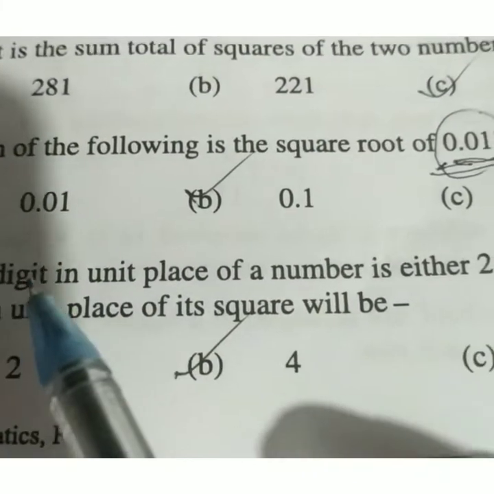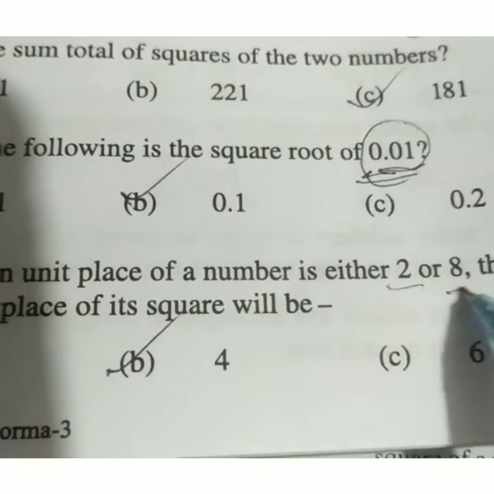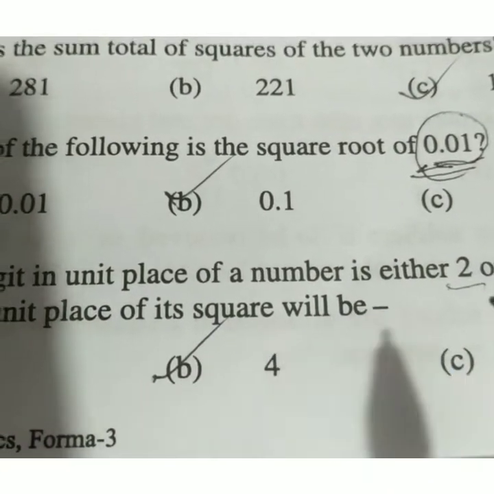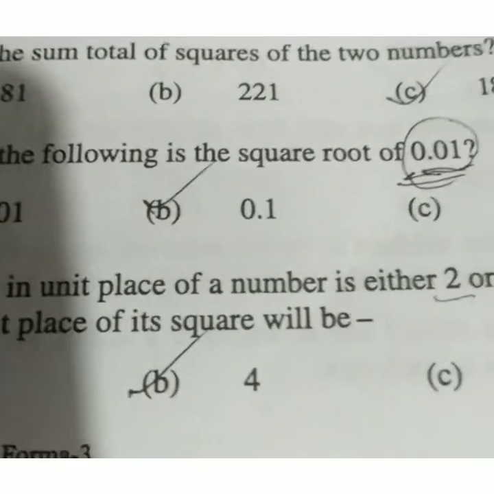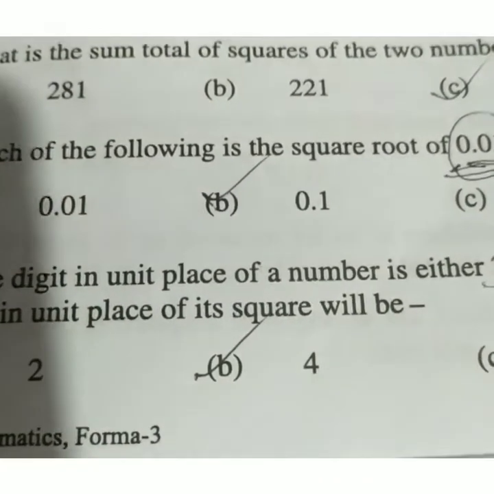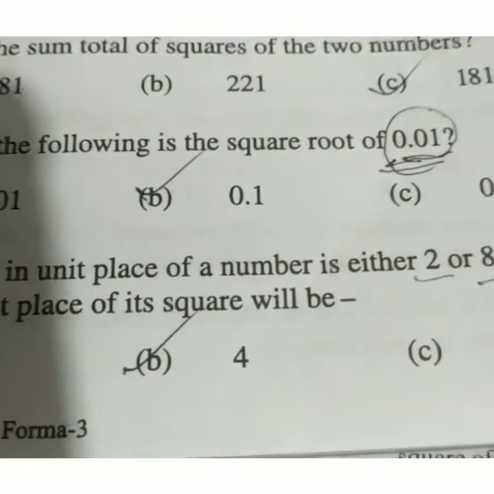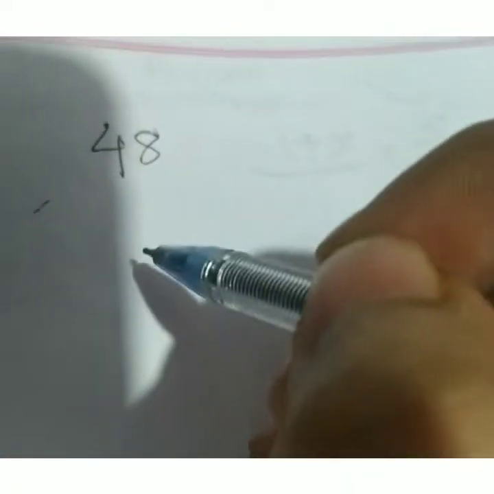Okay, next question is, if the digit in unit place of a number is either 2 or 8, the digit in unit place of its square will be what? This is actually a tricky question. First of all, we need to understand in a number what is the unit place called. Let's say I have a number 48.